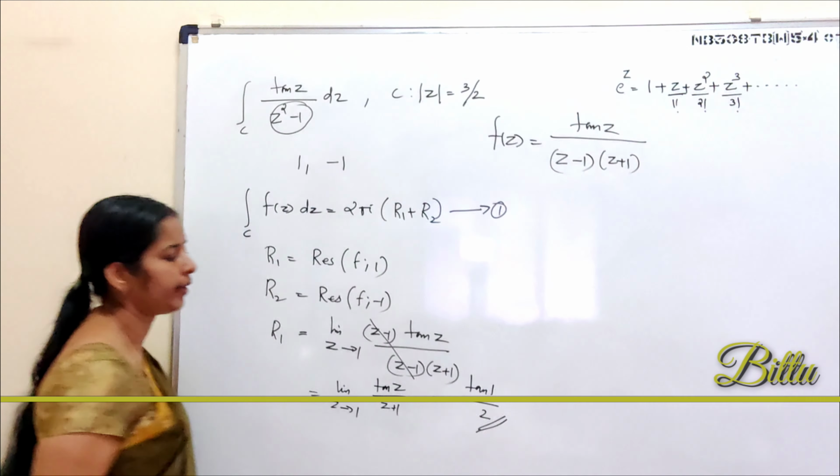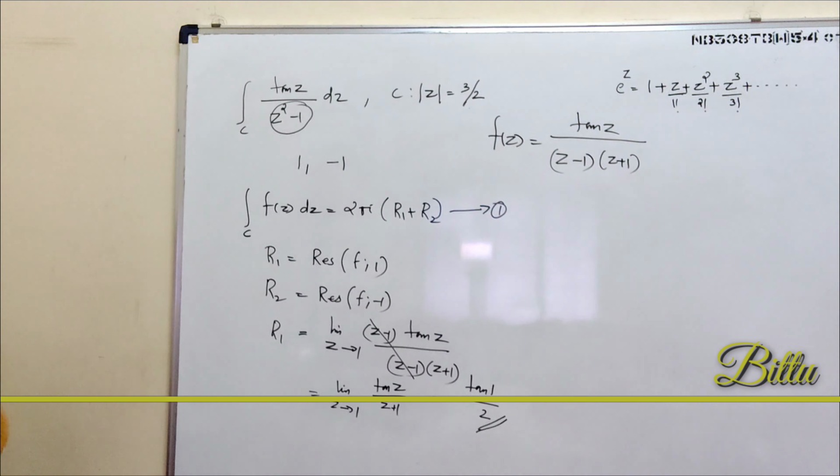So R1 is tan 1 by 2. When you put z equal to 1, students may be misled and write it as pi by 4. Tan 1 is tan 1 itself, but tan pi by 4 is 1. So it is tan 1 by 2.